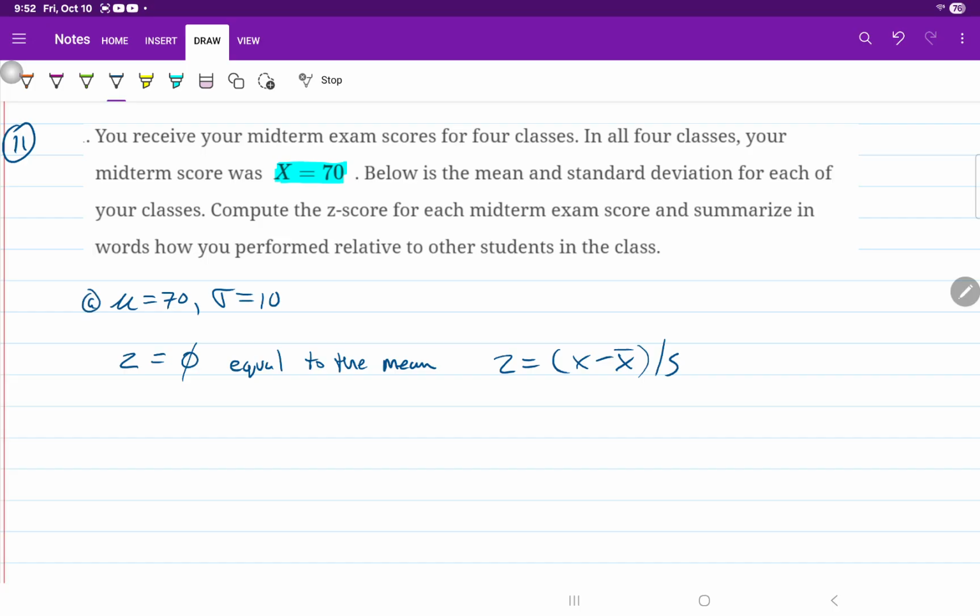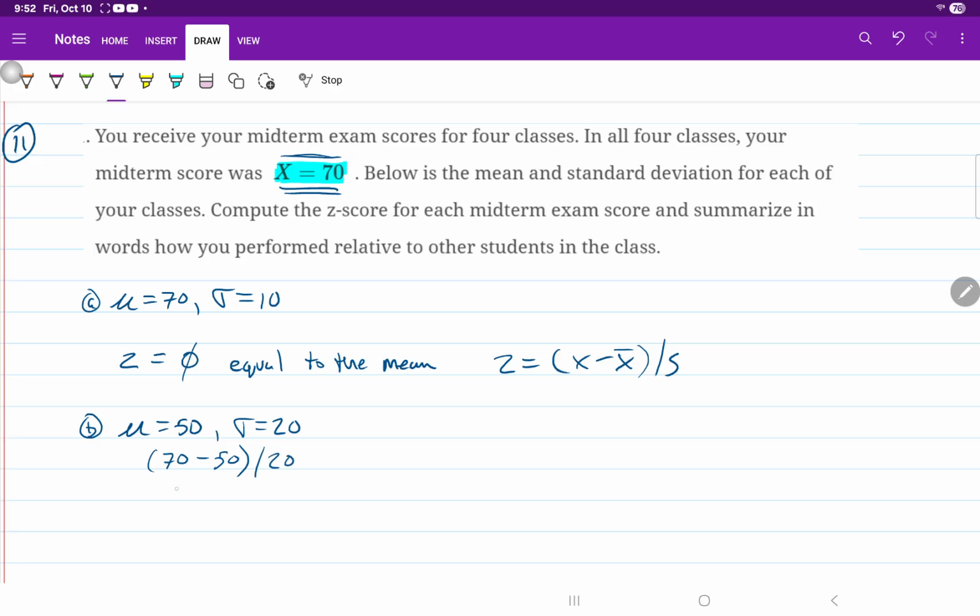We'll call this A. I don't know if the book numbers these or not, but we will just for our purposes here. The mean in this class was a 50. The standard deviation was 20. Your score was 70, so immediately we know that you did above the mean. So let's take your score, which was 70, again, 70 up here, and subtract the mean, 50, divided by 20.